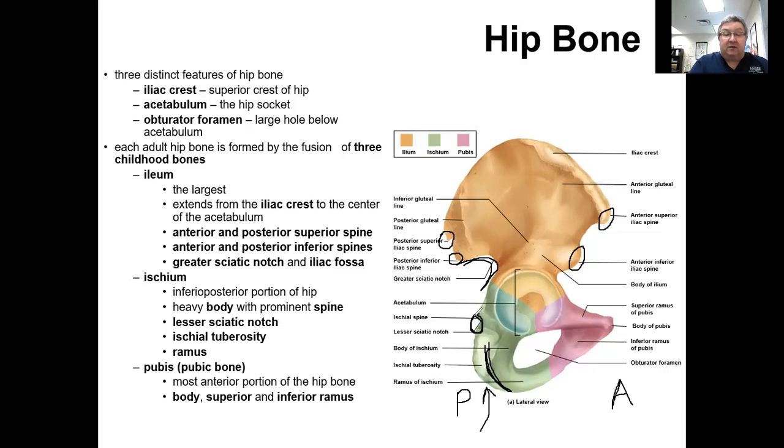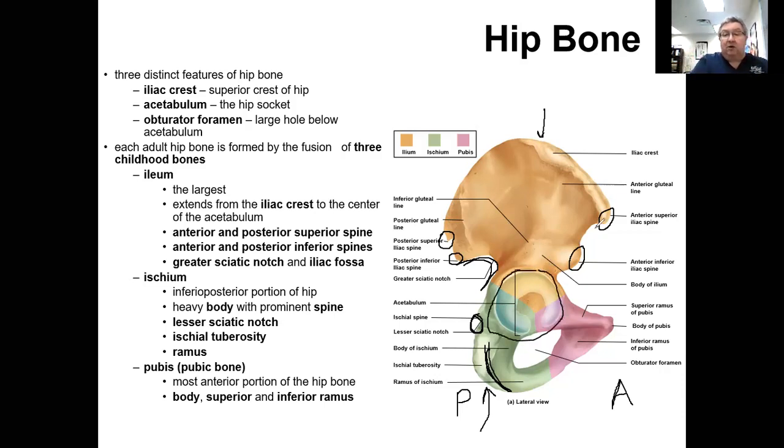On the pubis, I really have no landmarks that you really need to know. So again, on the hip bone, you need to know the iliac crest. That's the top of the bone. You need to know the acetabulum, an incredibly important part. That's where the head of the femur articulates with.